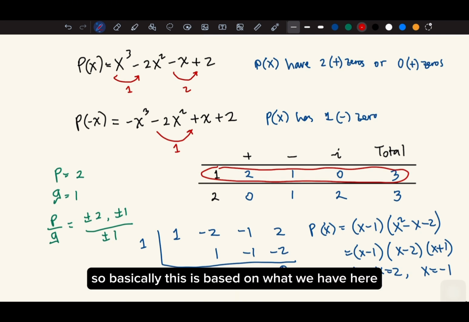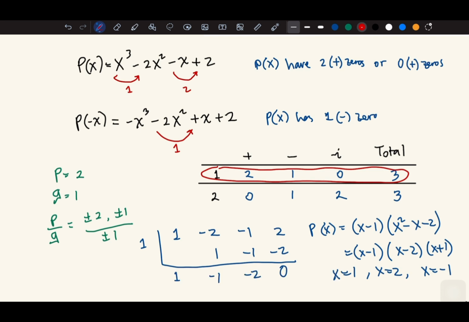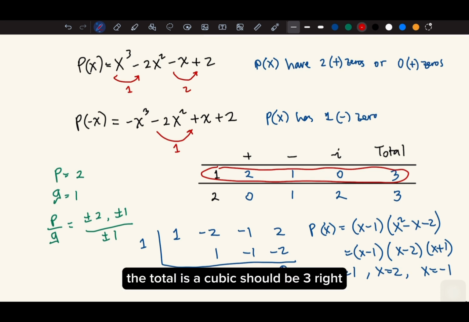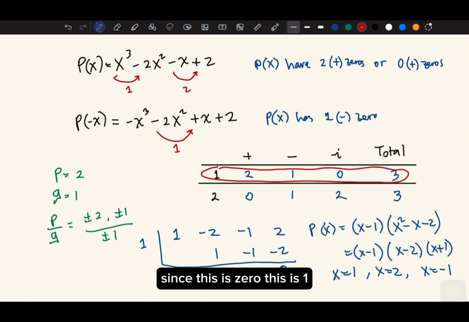So the positive zeros has 2 or 0. And the negative zeros is always 1. So every root is only 1. The total, since it's a cubic, should be 3, right? 2 and 1 becomes 3, so there's no imaginary number in that case. Since this is 0, this is 1, this is 3, then this should be 2. There will be 2 imaginary numbers. This is just a possible way.